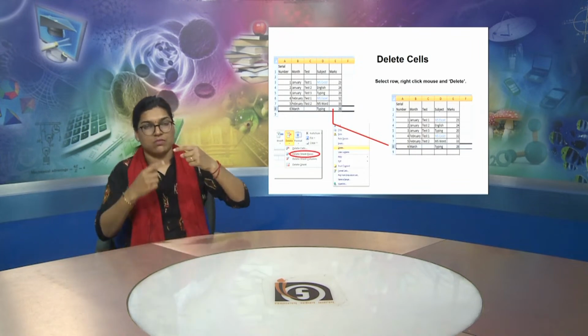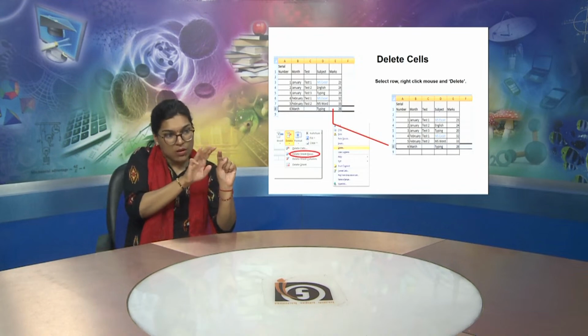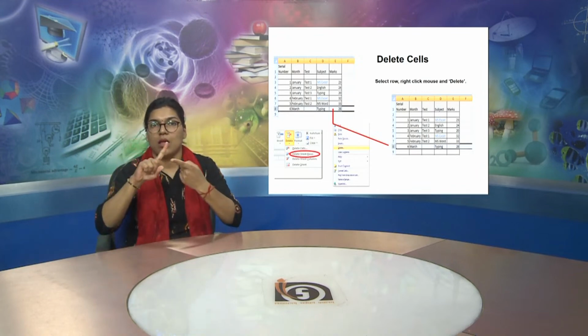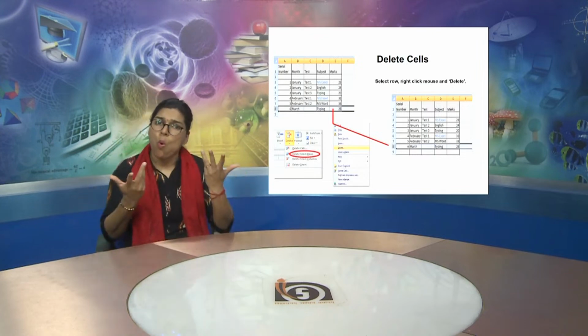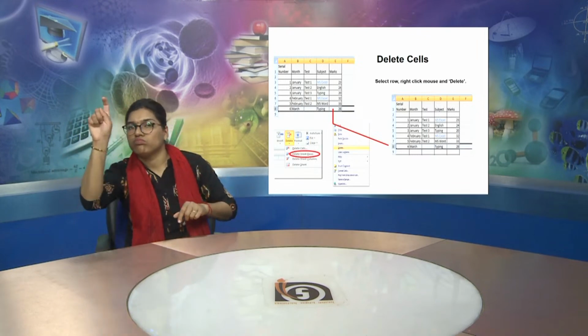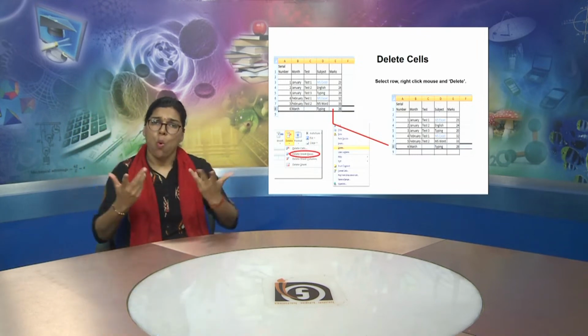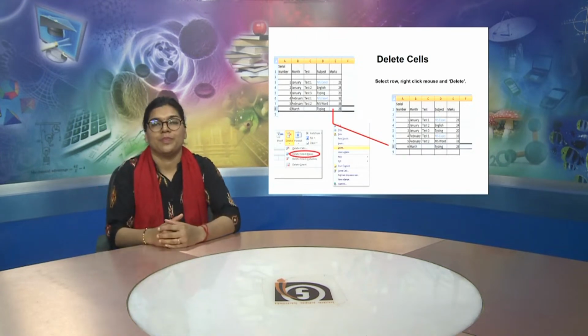So this is done with the help of the mouse. Whatever content we want to delete, first of all we need to select that cell or row or column, and after that we can choose that delete option. Then that row or column would automatically be deleted from the spreadsheet.